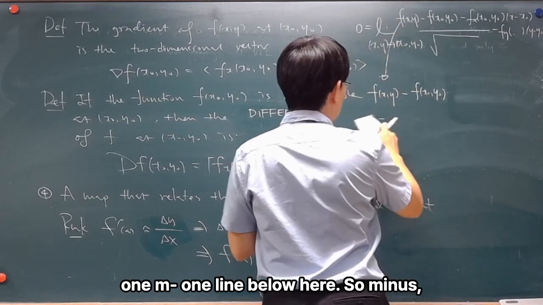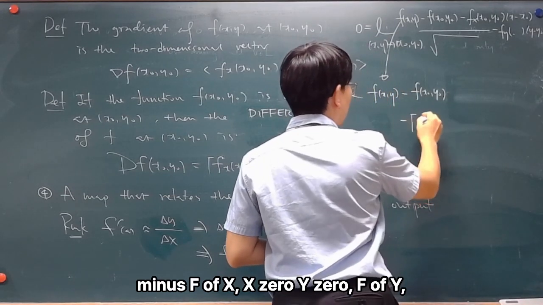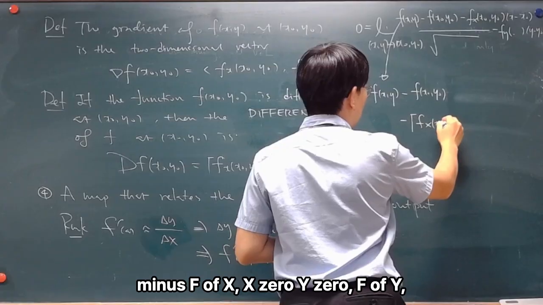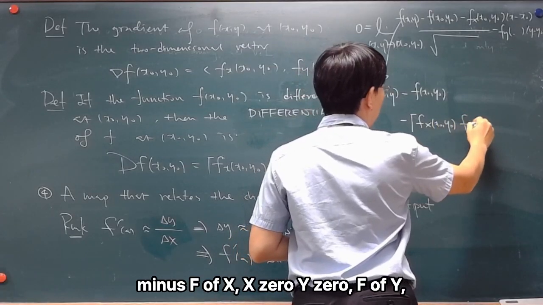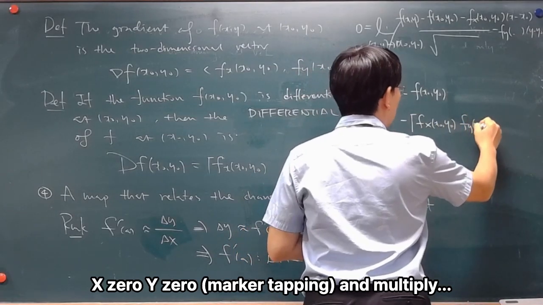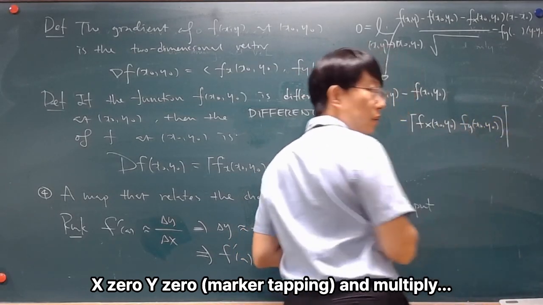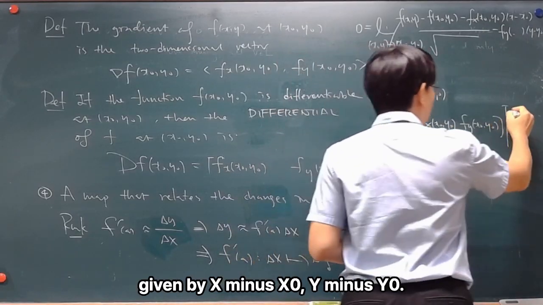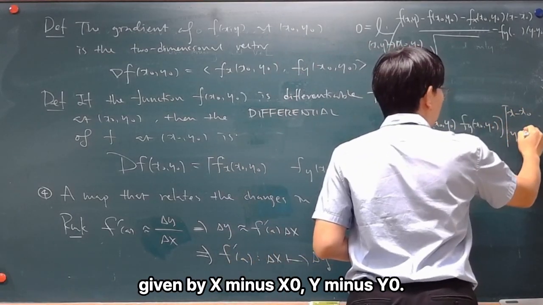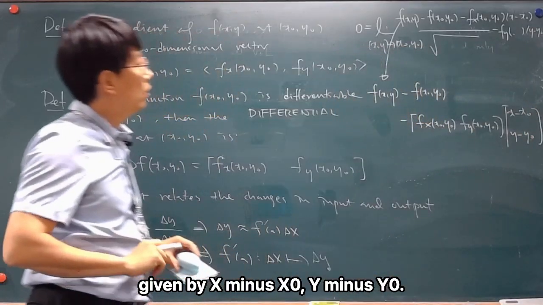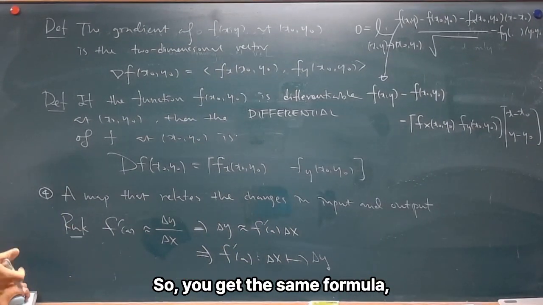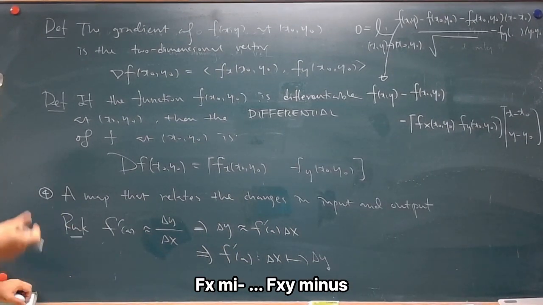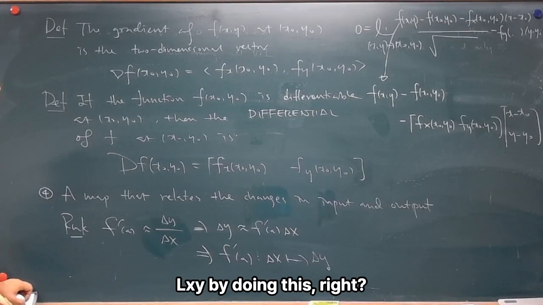Minus the matrix f_x(x0, y0), f_y(x0, y0), multiplying. This is a 1 by 2 matrix. The next one is a 2 by 1 matrix given by x minus x0, y minus y0. So you get the same formula, f(x, y) minus L(x, y), by doing this, right?